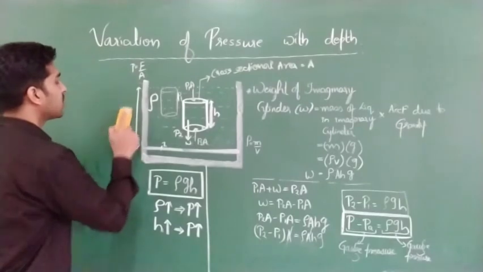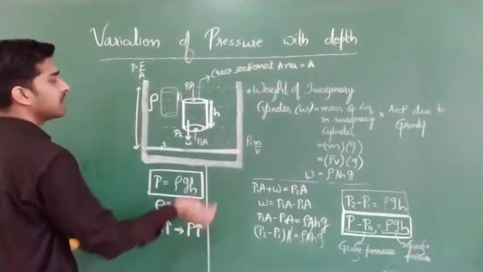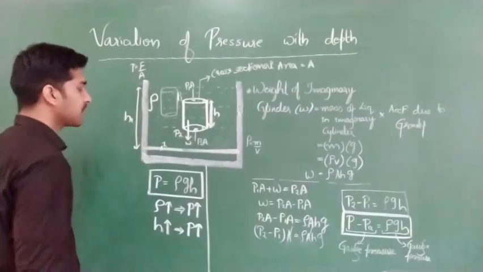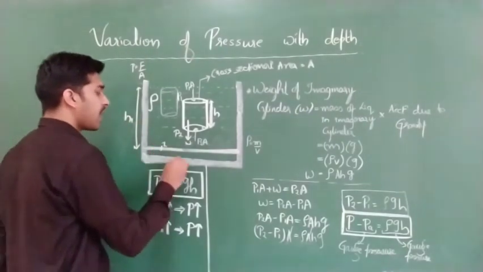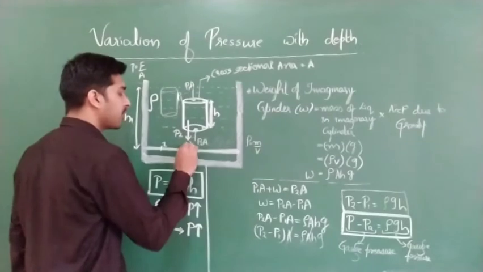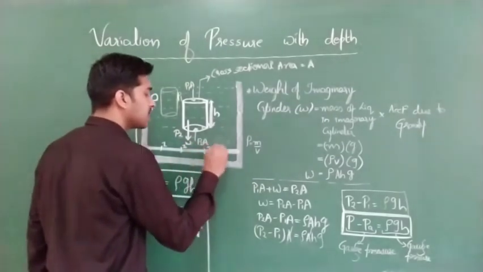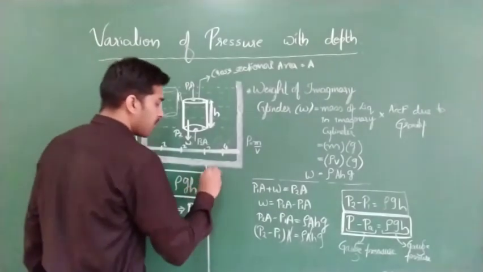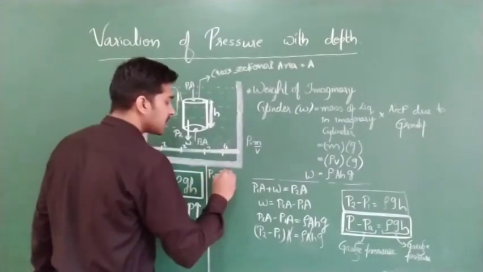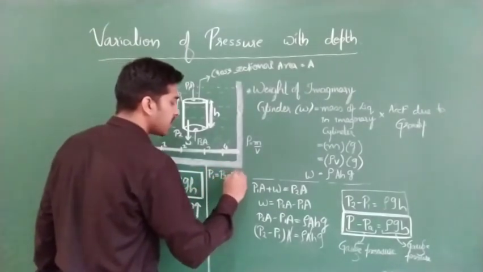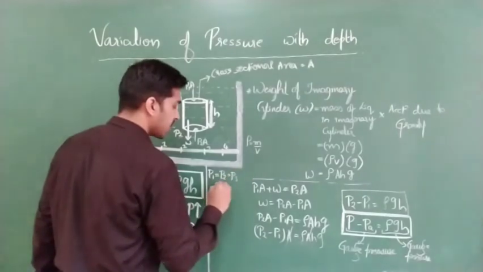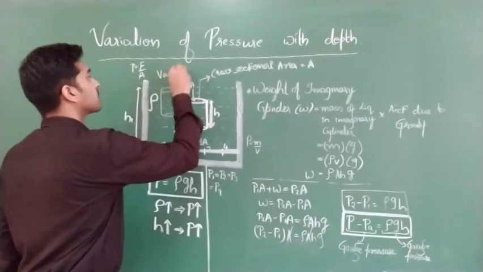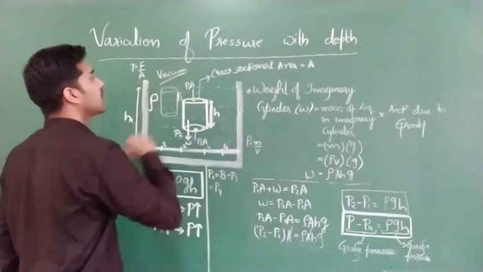Here we had already considered h; I will consider it here as h1. At point 1, one more point, point 2, at this point, point 3, at this point, point 4. Pressure at point 1 equals pressure at point 2, which equals pressure at point 3, which equals pressure at point 4, and let us assume a vacuum is there.